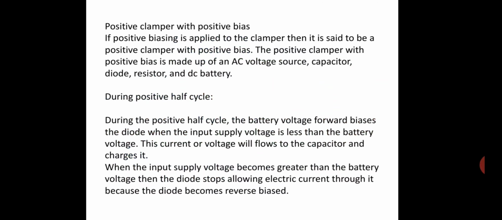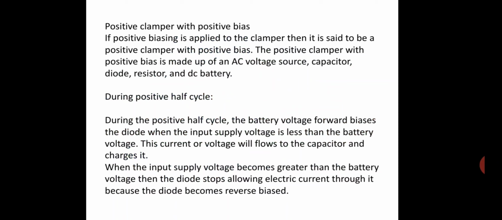If positive biasing is applied to the clamper, it is called a positive clamper with positive bias. It is made up of an AC voltage source, capacitor, diode, resistor and DC battery. During the positive half cycle, the battery voltage forward biases the diode when the input supply voltage is less than the battery voltage.